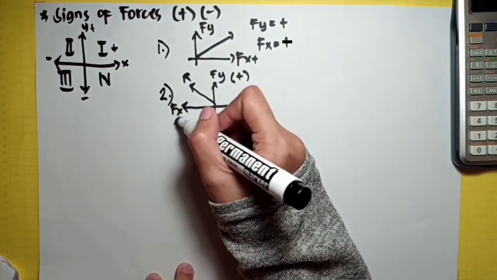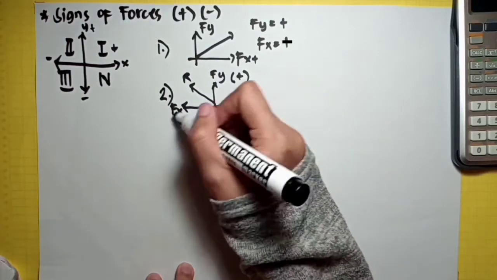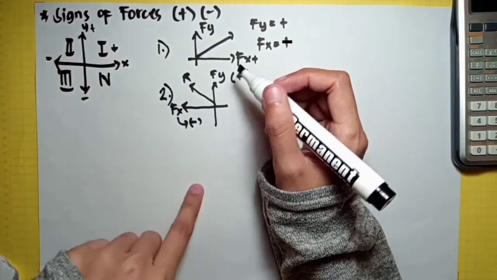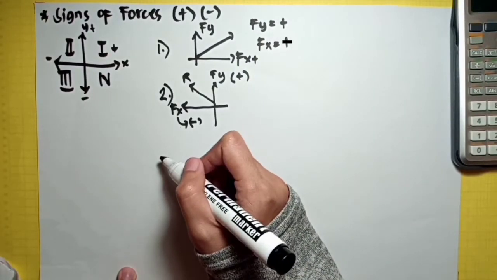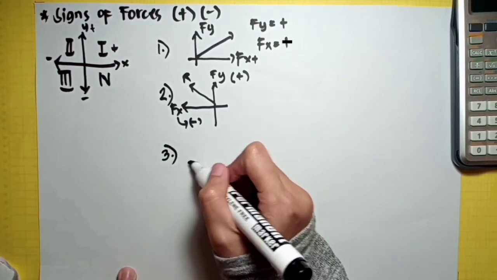And then for f sub x, magiging negative ngayon ang value niya kasi nasa left side corner siya ng quadrant, which is negative side.